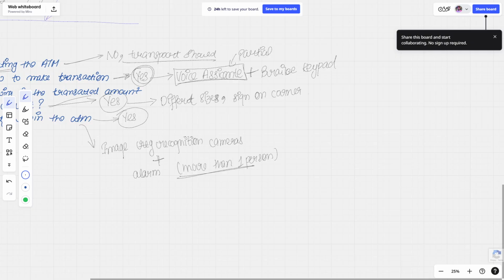Yeah. So when we are talking about the Braille keypad, there could be another solution as well.